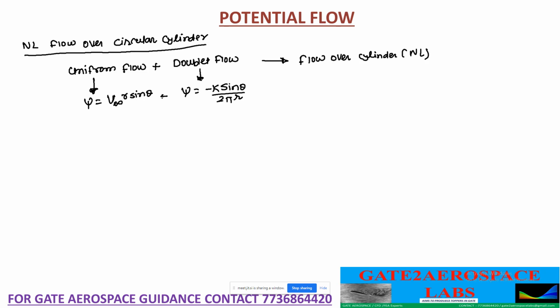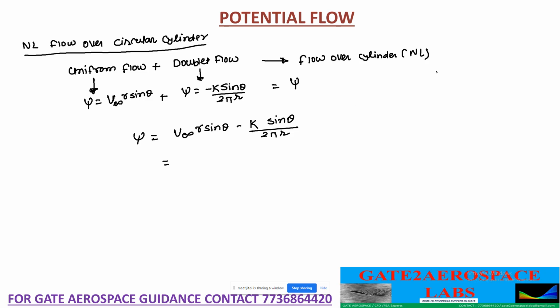So addition of these two will give you the non-lifting flow over the cylinder. We can write it as V infinity r sin theta minus k sin theta by 2 pi r. We can rearrange it, but what is k? I have not explained that.